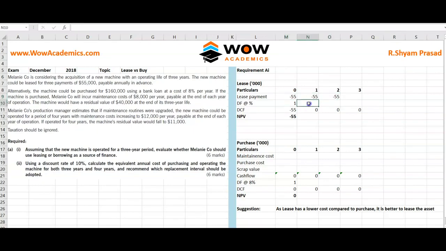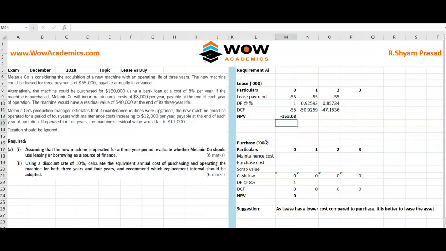And the discount factor will be the previous year discount factor divided by 1.08, and just copy and paste it for one more year. You got the answer, and that's it. Check whether the total is taking all the years. It is taking too many years. That's it. So this should be the lease payment NPV.